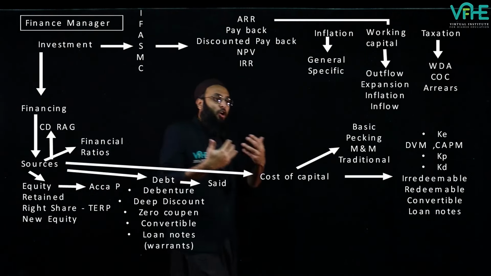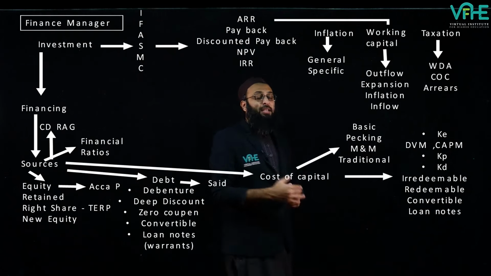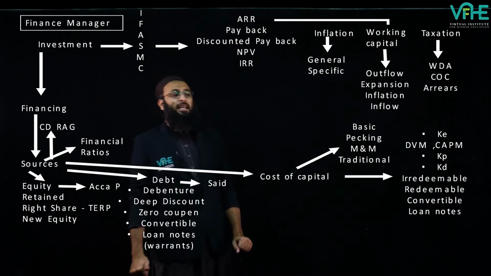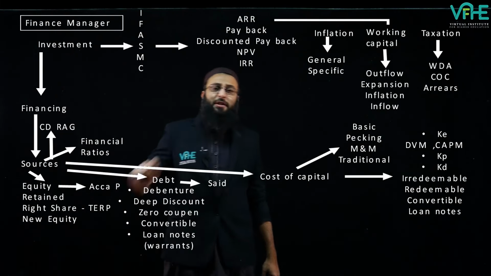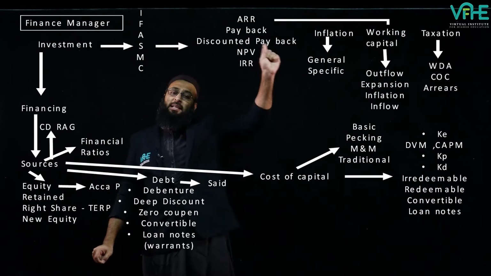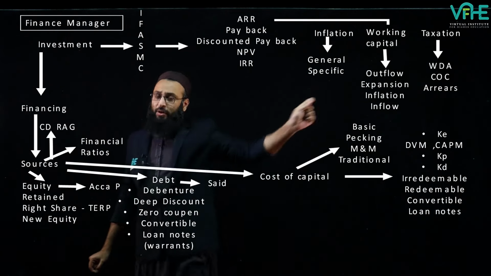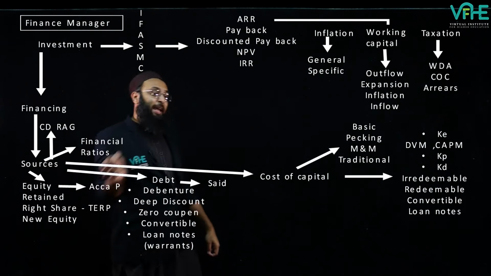The optimum capital structure will be decided by different theories. The first we have is traditional theory. Traditional theory says that the optimum capital structure is the one where WACC is lowest and market value is highest. Then comes M&M theory, no tax and with tax.